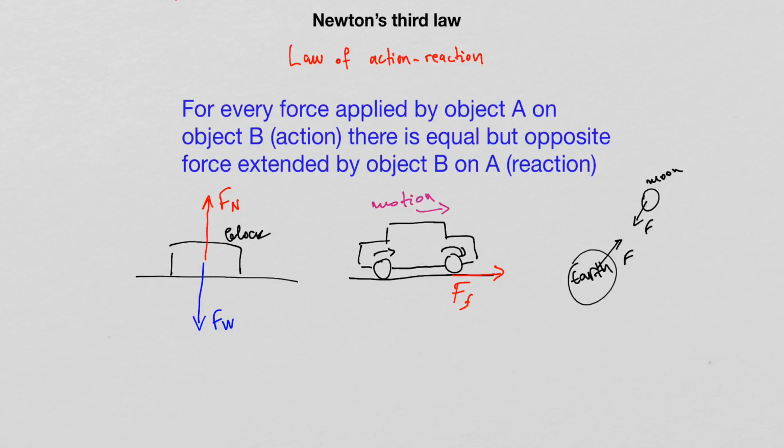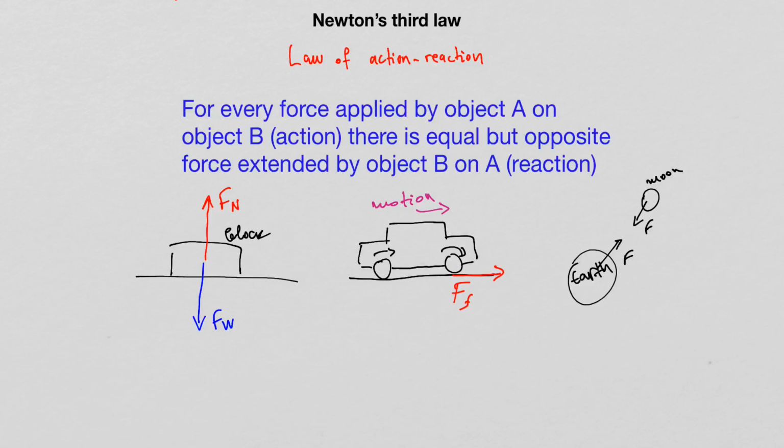How do we know that the Moon is pulling on the Earth? Well, the oceans experience tides. These tides are due to the fact that the Moon pulls on the Earth. Since the water on the Earth has a mass much smaller than the entire Earth, it's much easier to move by the gravity of the Moon compared to the entire Earth itself.